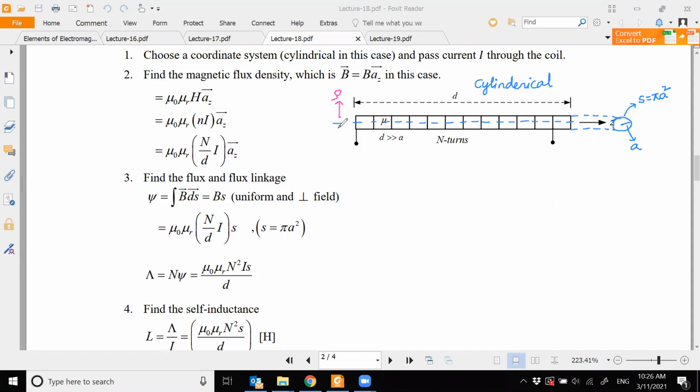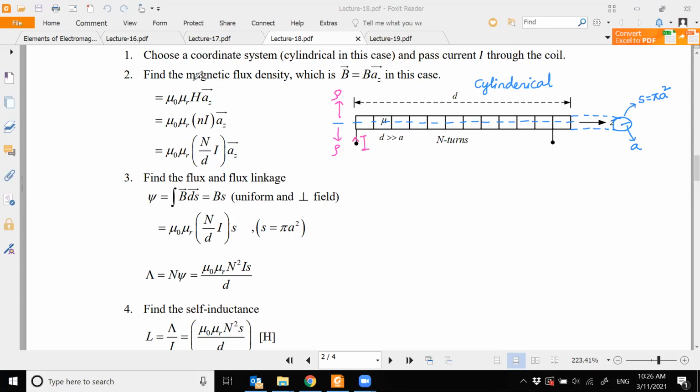Now, what is the next step? Then pass a current I through this coil. So I'm passing a current I. So this is my current.